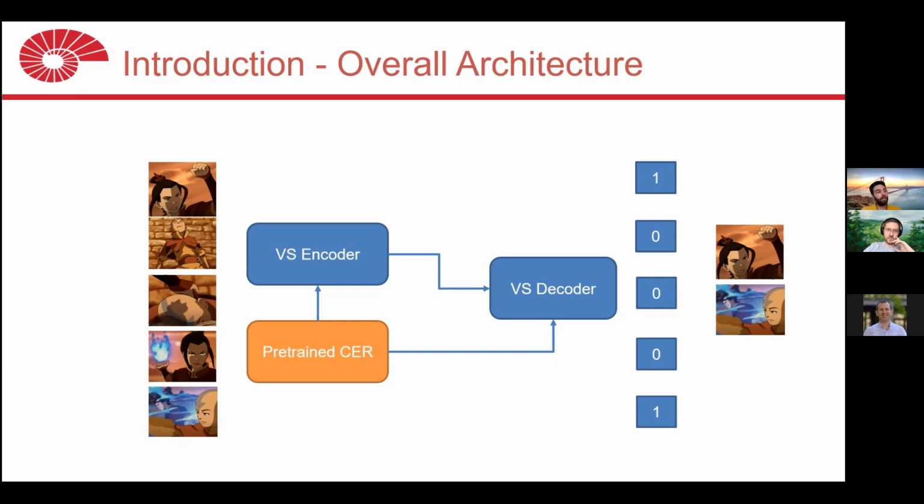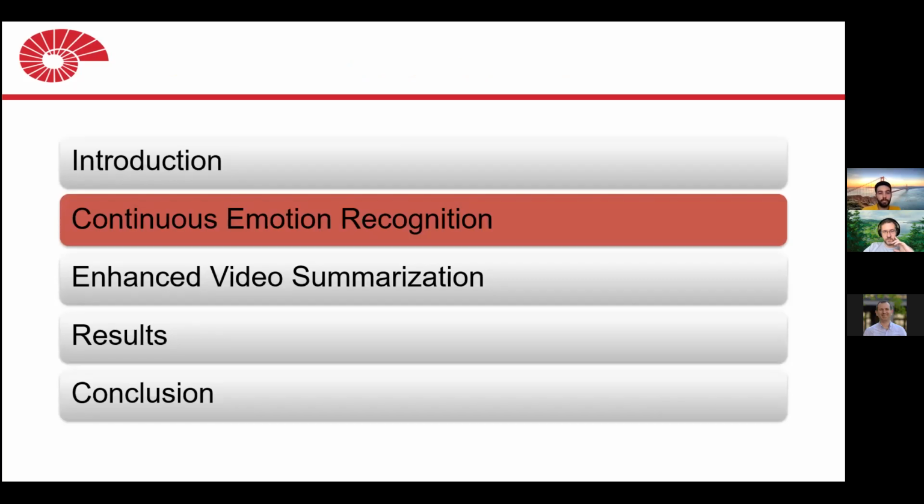The current architectures that we explore consume the whole video at once and provide the outputs at once as well. So the output is a sequence of binary labels, whether we include a frame in the summary or not. So let's start with our continuous emotion recognition module.